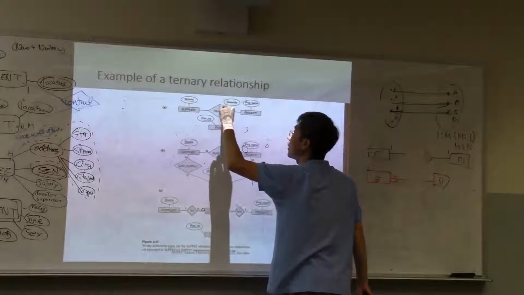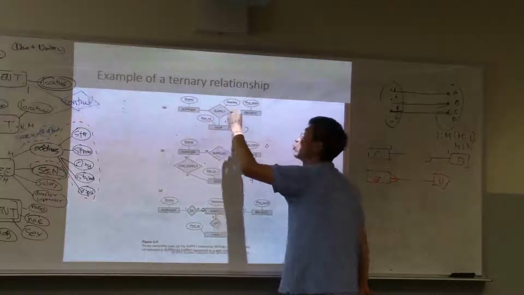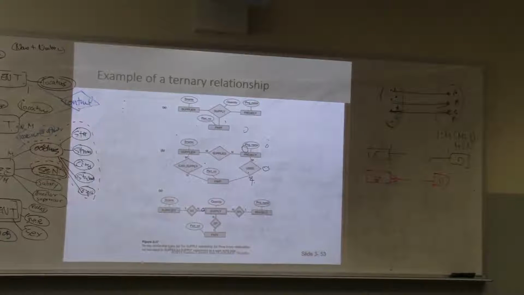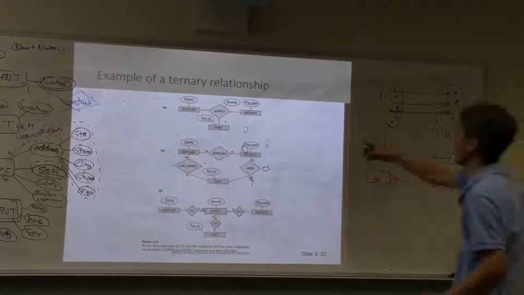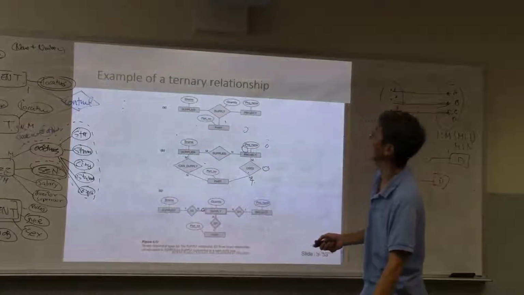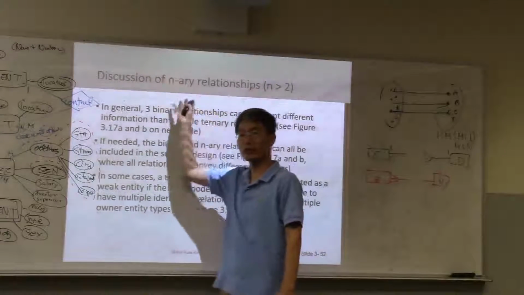This supplier supplies the part A to the project. So total 3 entities are combined. So this time this is called ternary relationship. It may be possible 4, 5, 6. So in general it's called n-ary relationship.